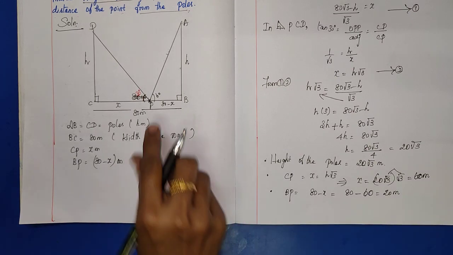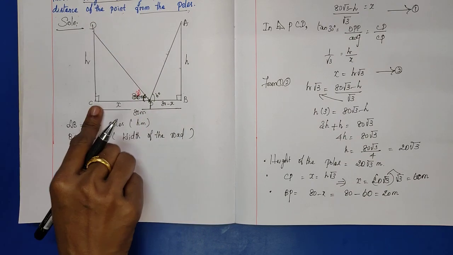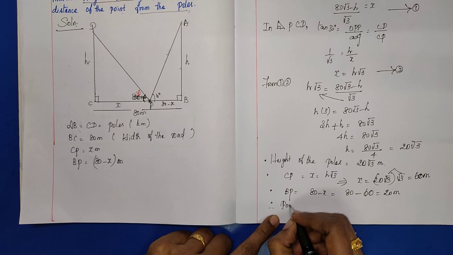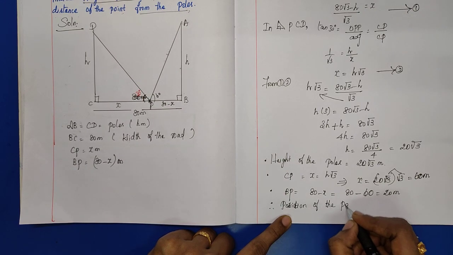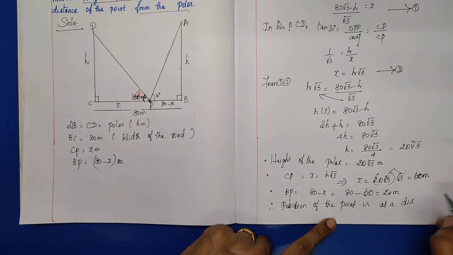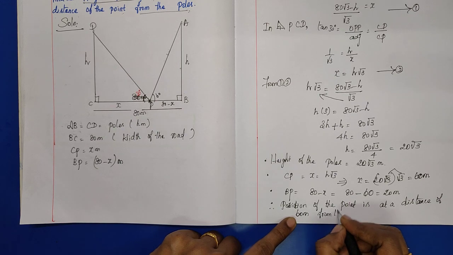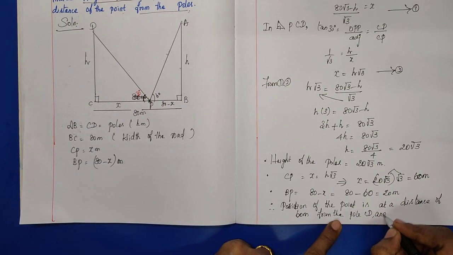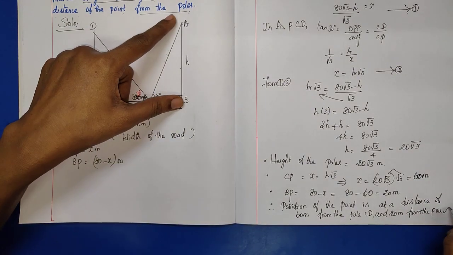Therefore, the position of the point P is at a distance of 60 meter from the pole CD and 20 meter from the pole AB.